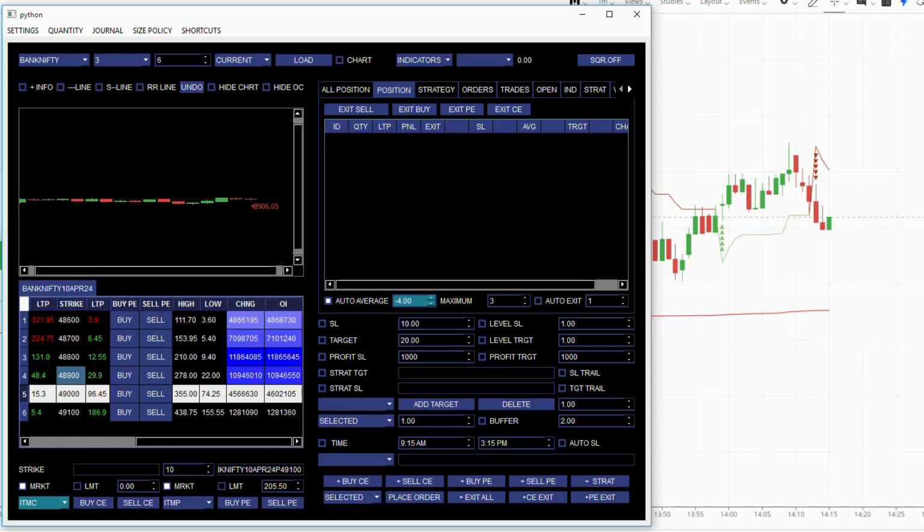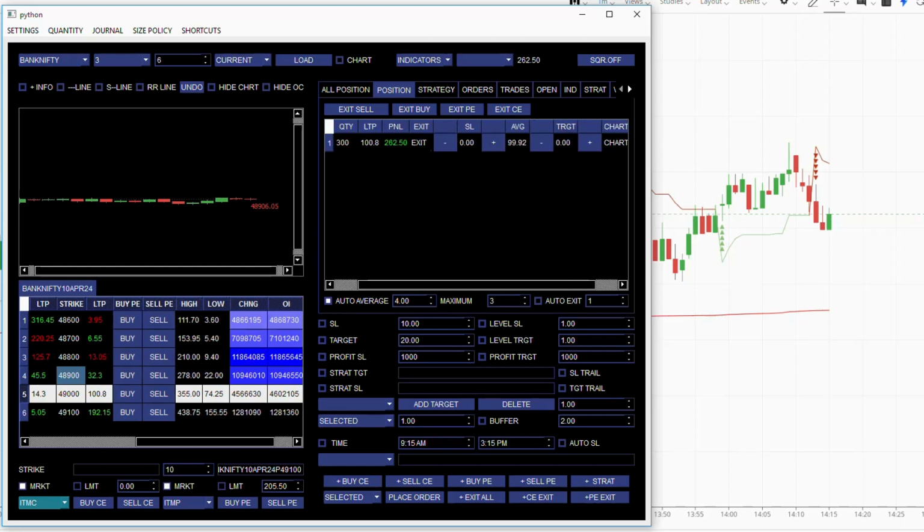Next, in the positive direction, let's enter here, and when we are in profit, it will do auto average. Okay, look at this, 150 more quantities added.